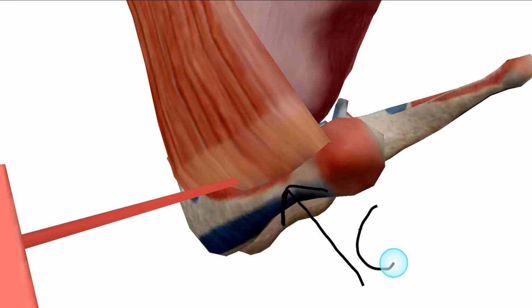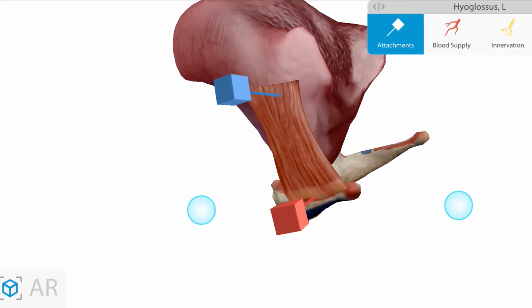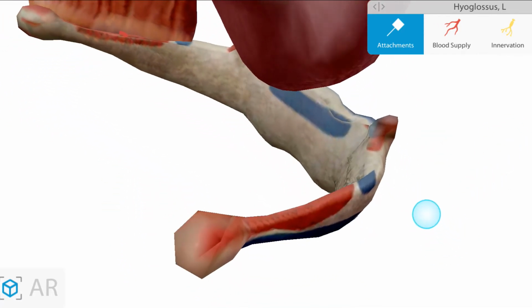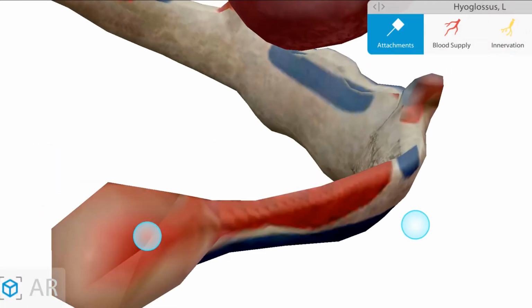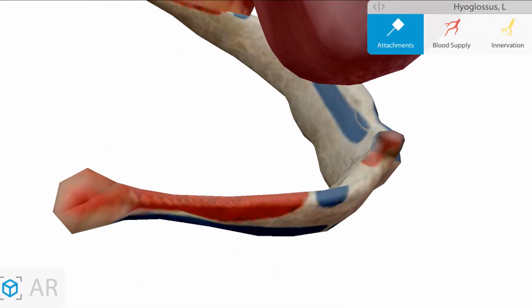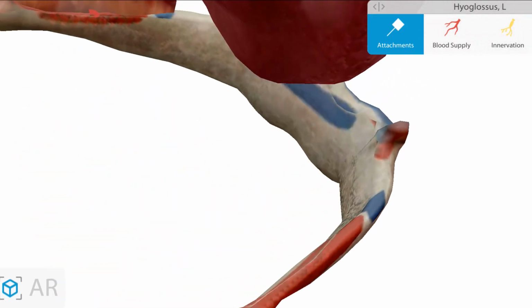Here it is the greater cornu, GC, on the bone side. The redness of this bone is showing the greater cornu of the hyoid bone, that is the origin for the hyoglossus muscle, and the lateral part of the body.